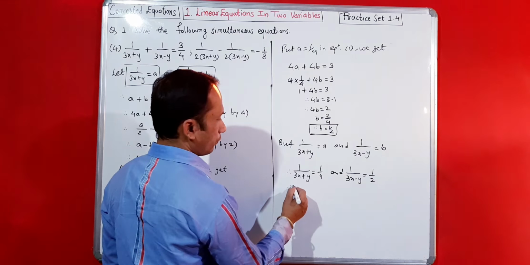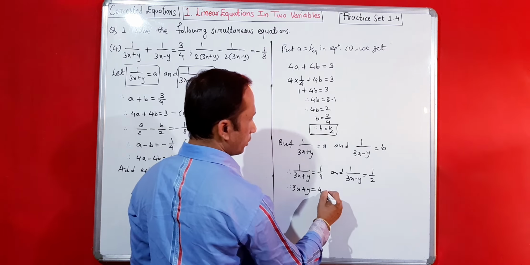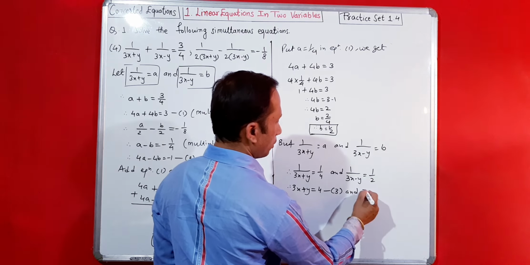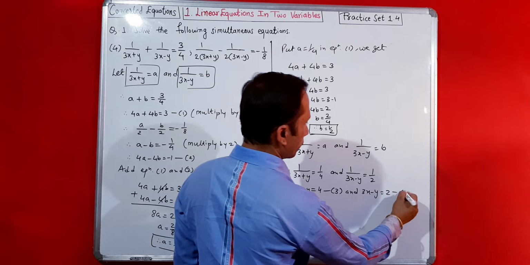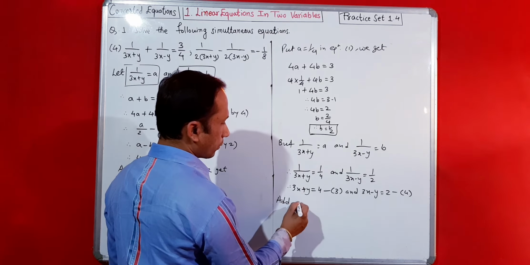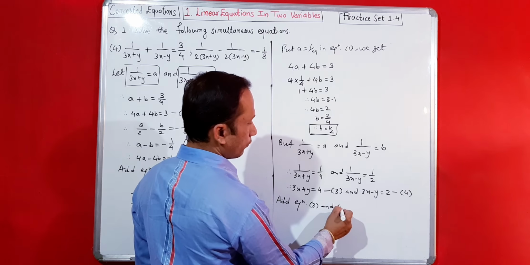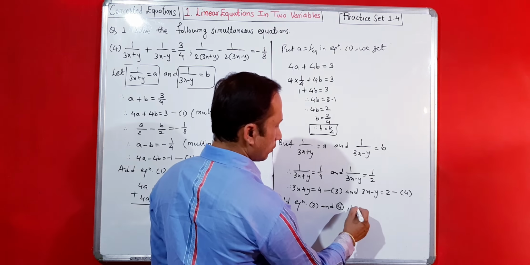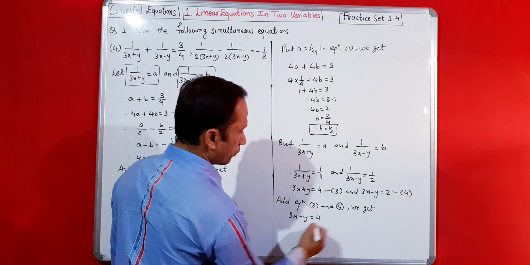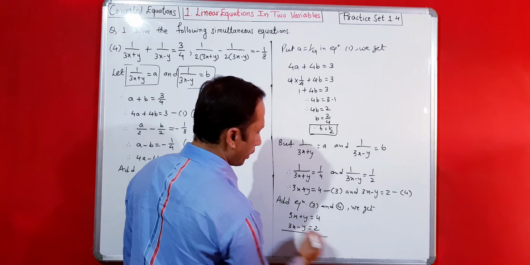Therefore 3x plus y is equal to 4, this is equation number 3, and 3x minus y is equal to 2, equation number 4. Now add equations 3 and 4.